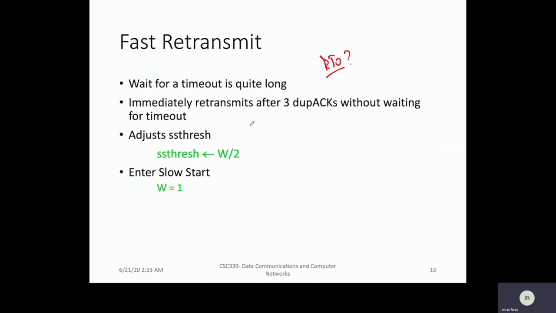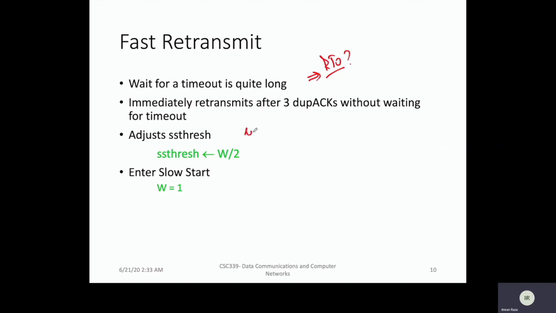The motivation behind fast retransmit is that we don't want to wait for the RTO to expire, because waiting for a timeout is quite long, right? So the motivation is to do a fast retransmission rather than waiting for the RTO to expire.